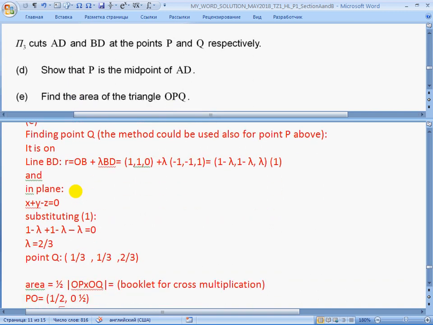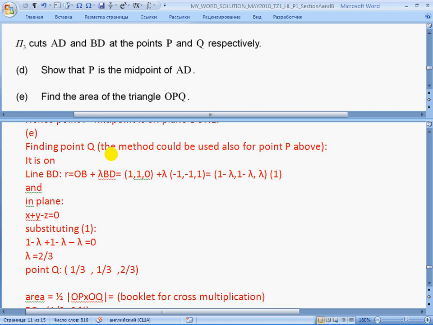Find the area of triangle OPQ. To find it, first we should find point Q. This time we will use a more standard method. The equation of line BD is point B plus lambda times segment BD. So this is the parametric equation of the line.